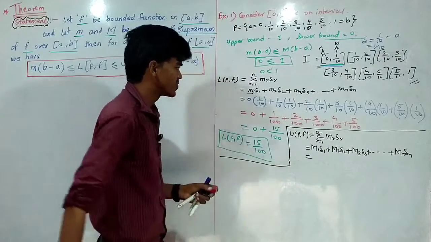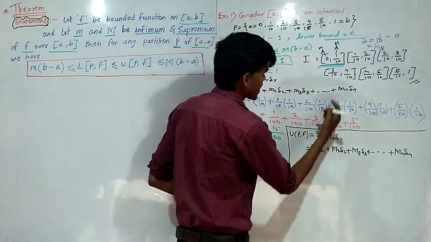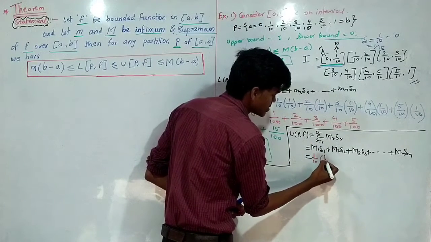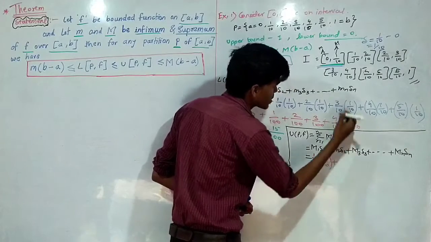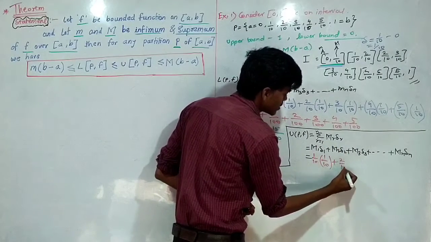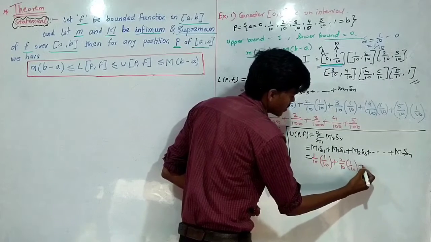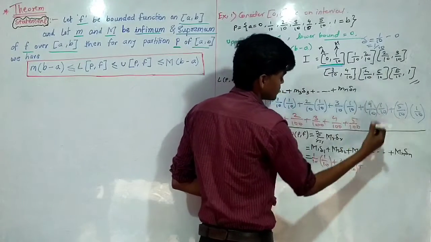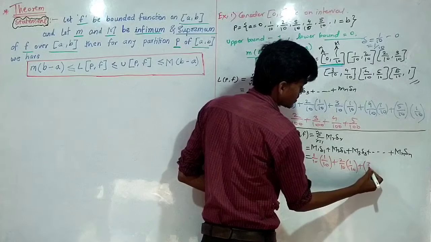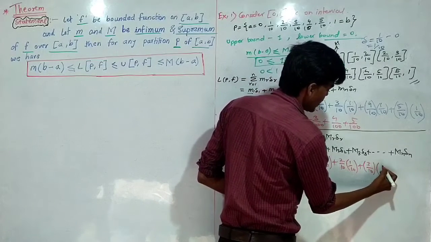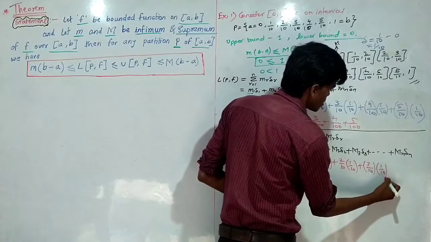Just substitute here. Capital M1 is 1 by 10, delta 1 is 1 by 10, plus capital M2 is 2 by 10, delta 2 is 1 by 10, plus capital M3 is 3 by 10 and 1 by 10.